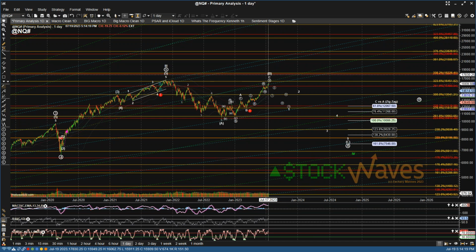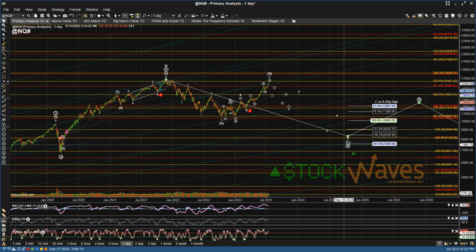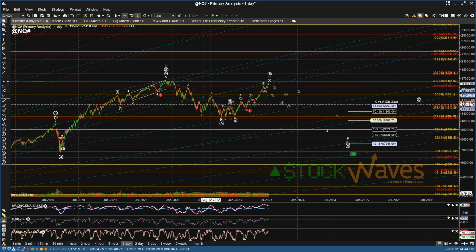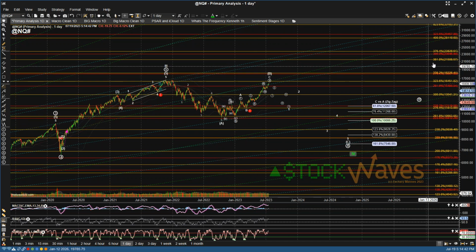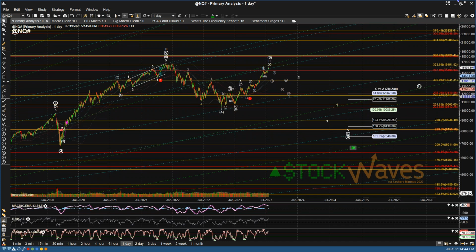So instead of being a B of a larger primary A wave, particularly if we are going to make a nominal higher high, I'm still going to count this as a B wave, but it will increase the potential that it is the A and the B of our cycle wave 4, as opposed to just the intermediate A and the B. So that is the only thing really that is going to change for me if we do continue a little bit higher and make a nominal higher high over the November highs in the NASDAQ.